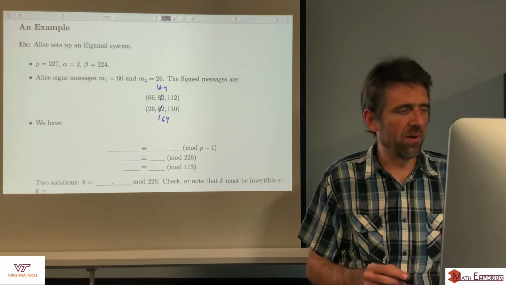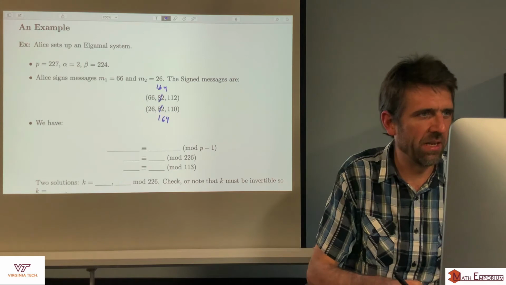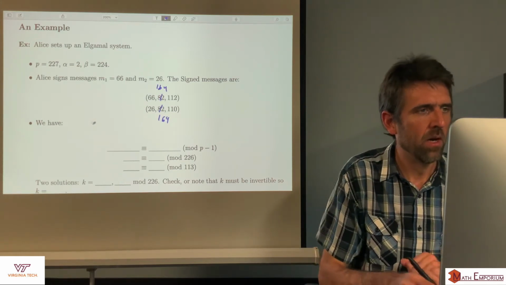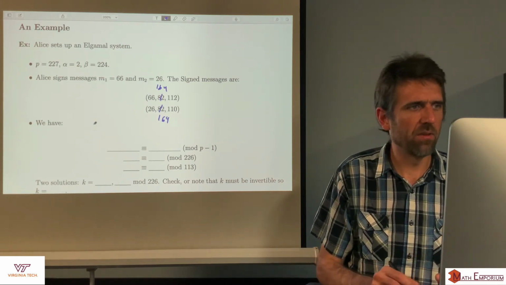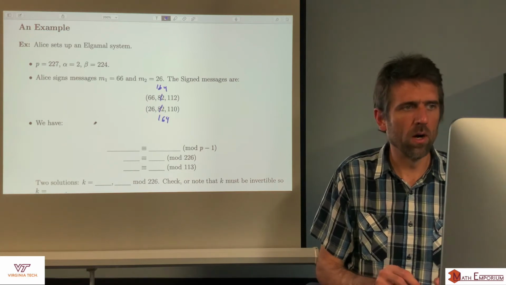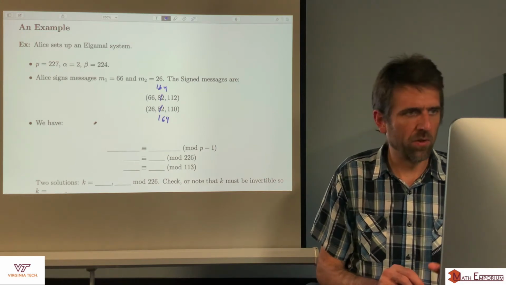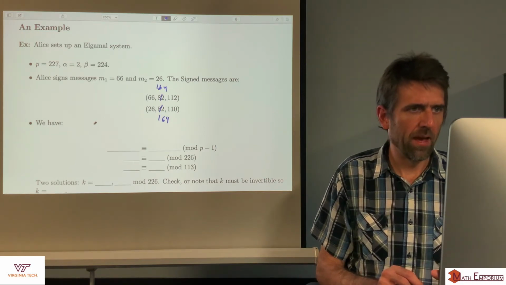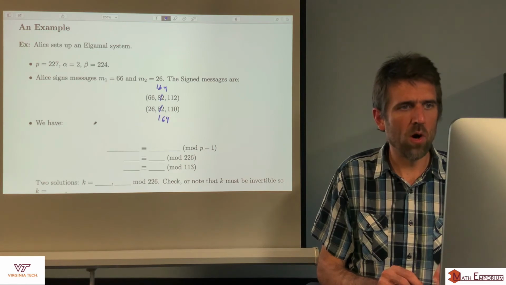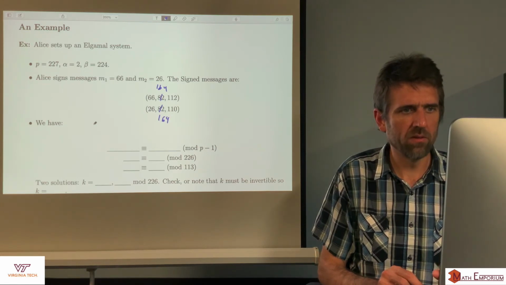So let's look at an example to see what can go wrong when we reuse the value of k. Suppose Alice sets up an ElGamal system: prime p is 227, alpha is 2, beta is 224. The two messages are M1 is 66 and M2 is 26.